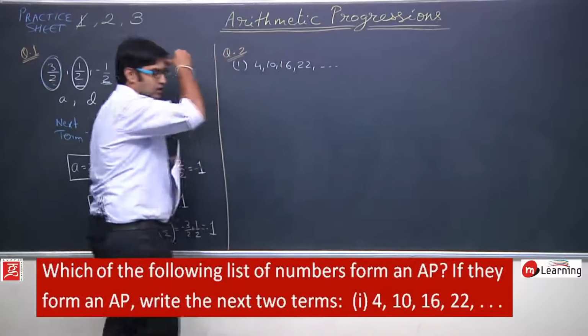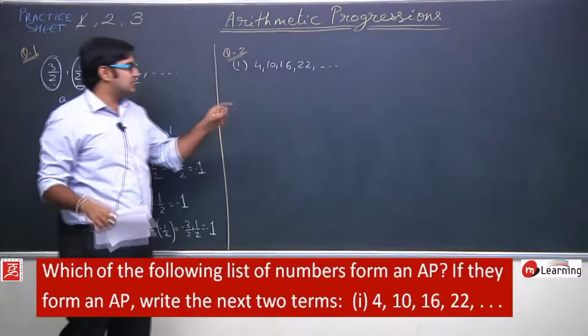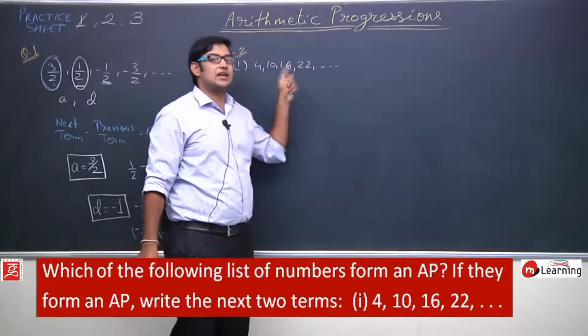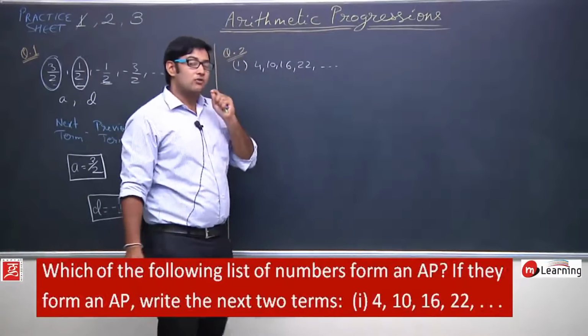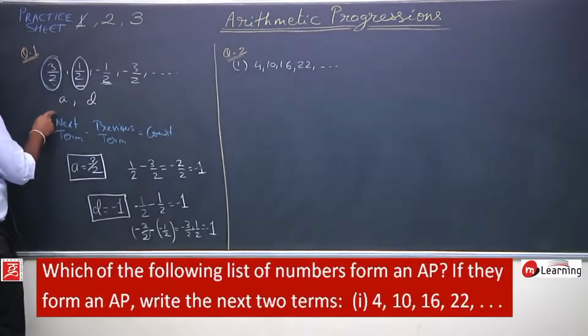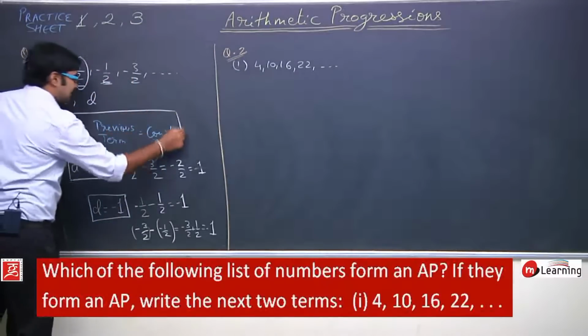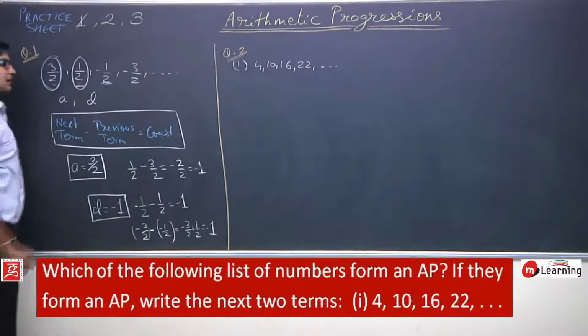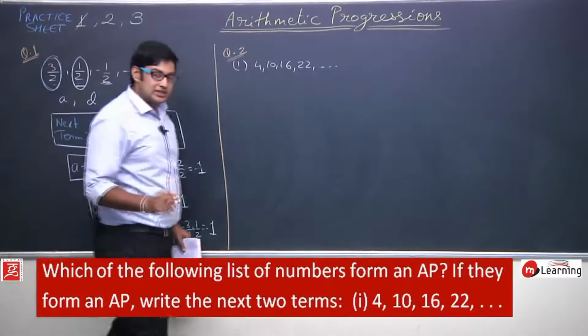and so on. Now if I want to check whether this list of numbers is an arithmetic progression or not, what should I do? I should just rely on this condition that next term minus previous term is a constant.